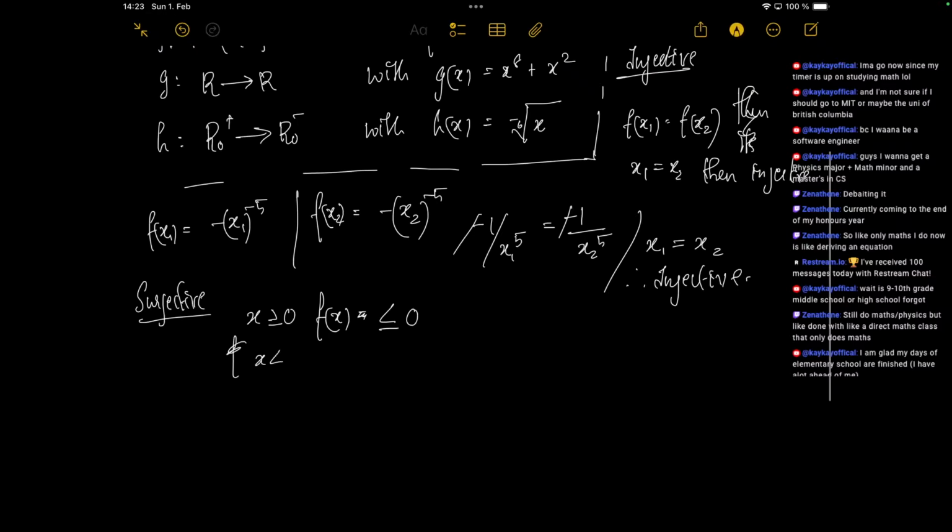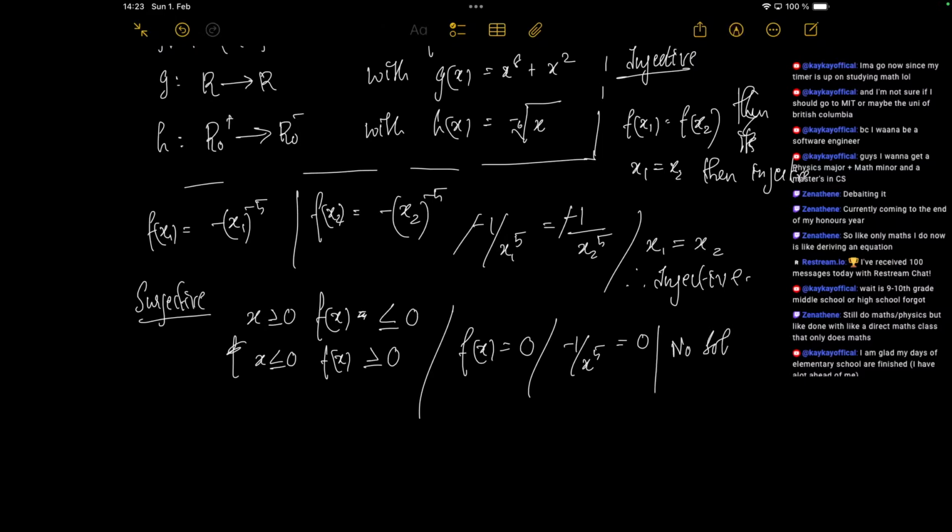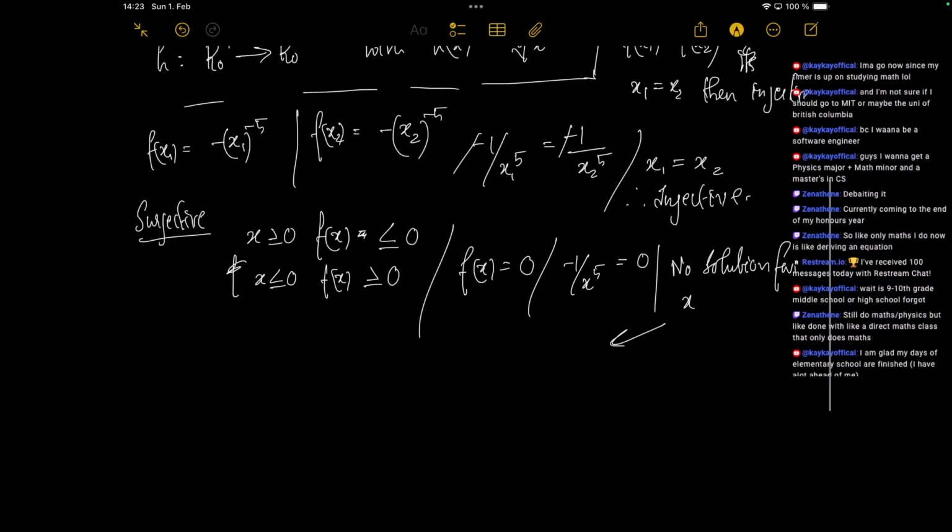And x, f of x equals 0. Therefore not surjective.